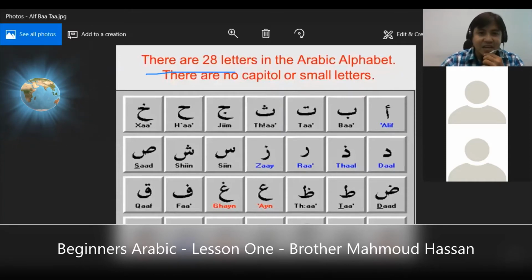If we compare Arabic to English, we have consonants and vowels, right? Then this fatha is considered a vowel in the Arabic alphabet, fatha as a, and kasra as e.